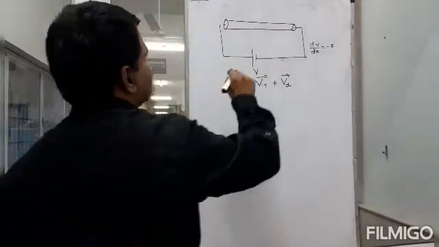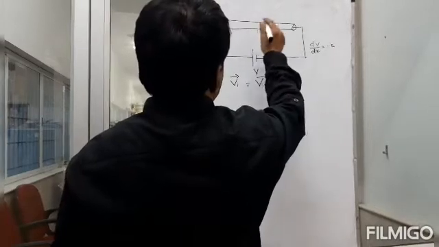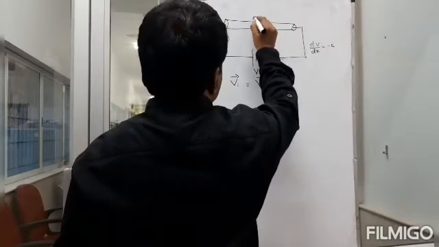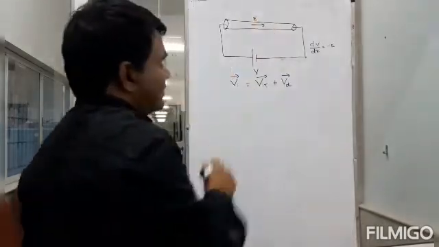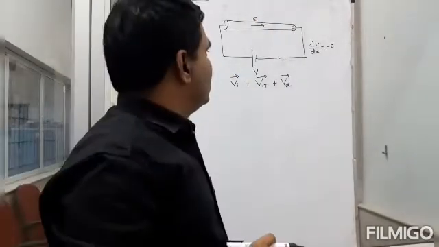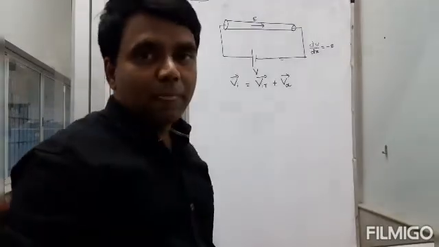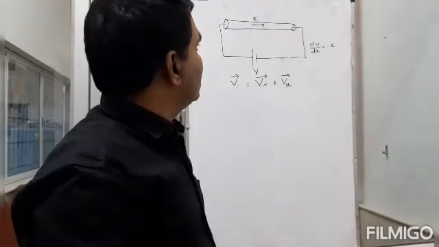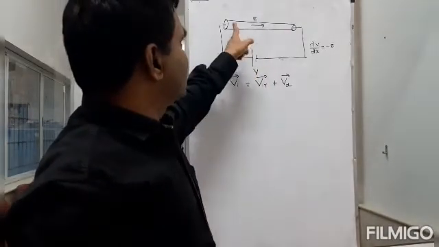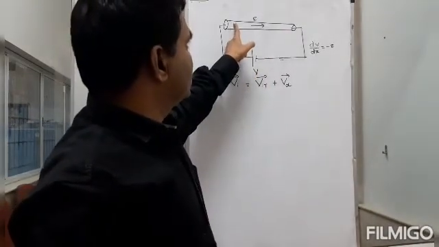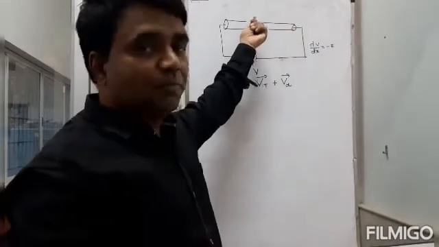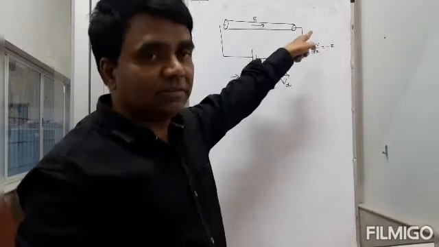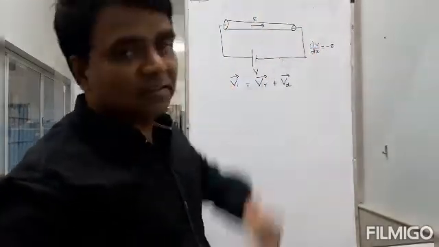So clearly, as the potential is falling, E will be set up in this direction. That's understandable because this is positive and this is negative. So if I keep a unit positive test charge, it will go from this place to that place. So E will be in that direction.